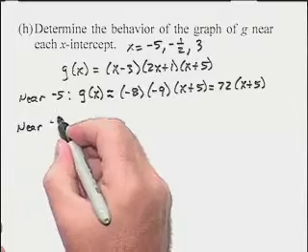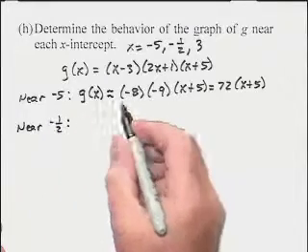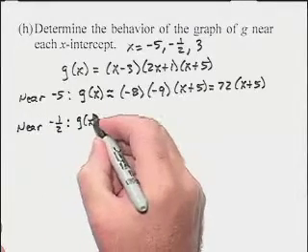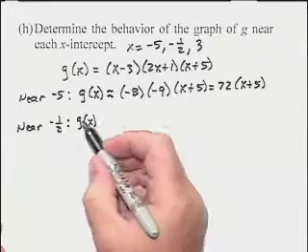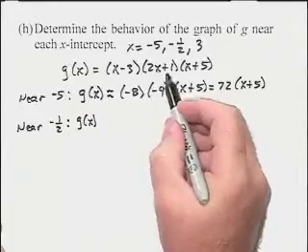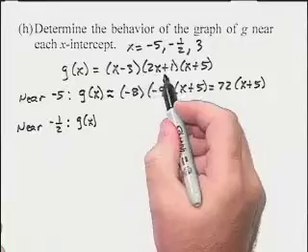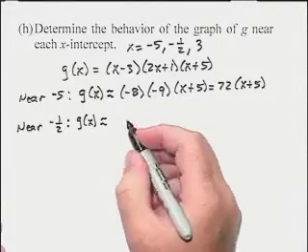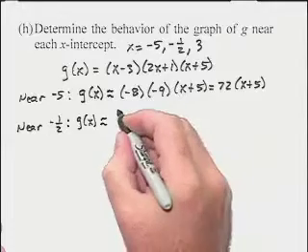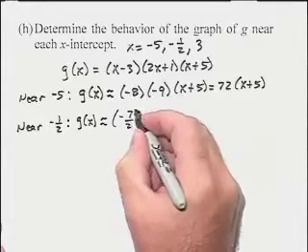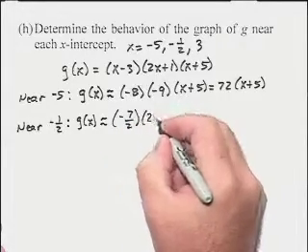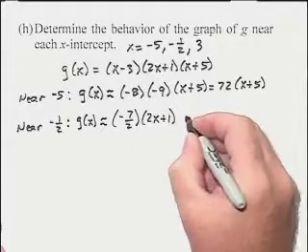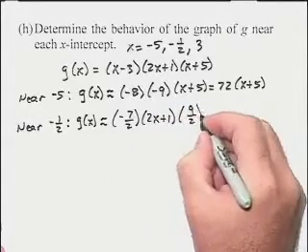Next, we'll look at the intercept negative 1/2 and do the same thing. We're going to let x equal negative 1/2 in each of the factors except for the factor that gave us this intercept, that is 2x plus 1 in this case. So g of x is going to be approximately negative 7/2 times 2x plus 1 times 9/2.